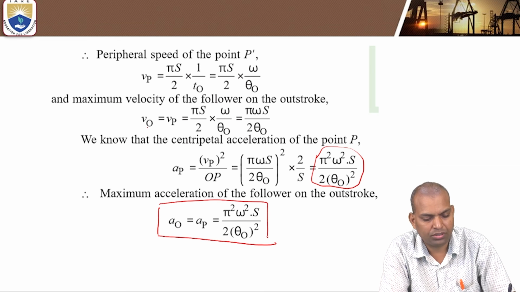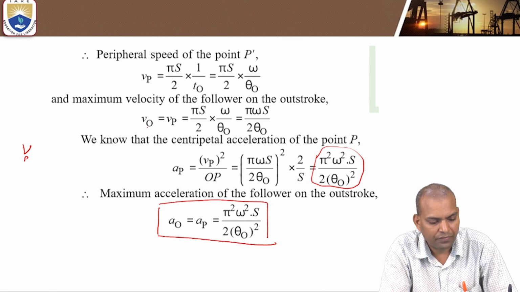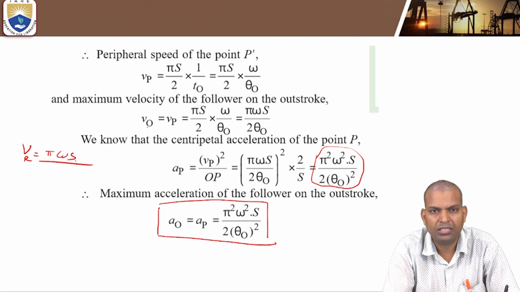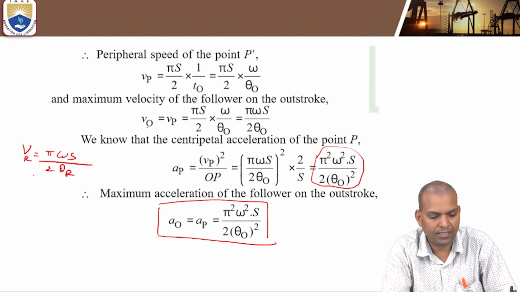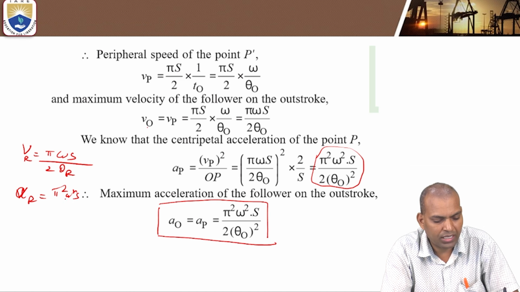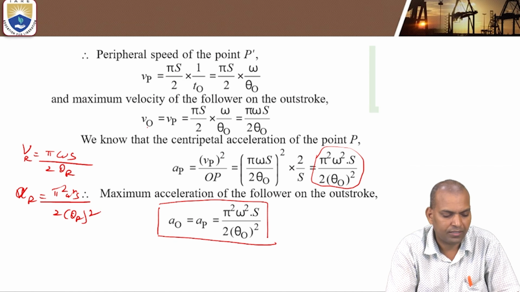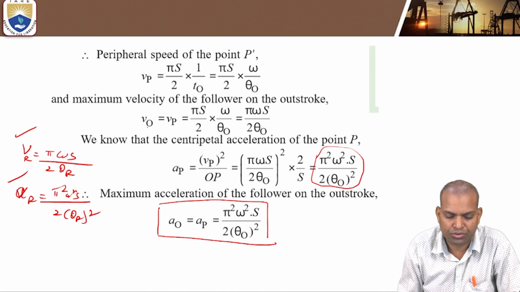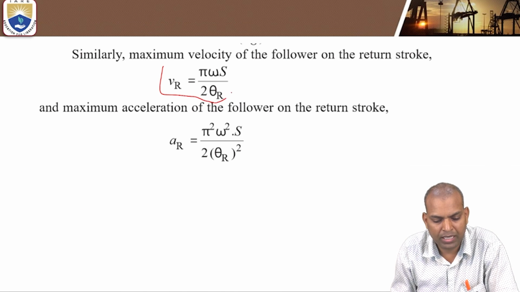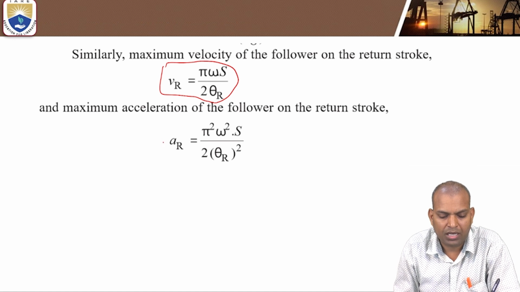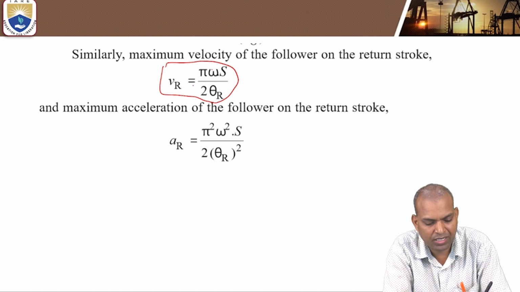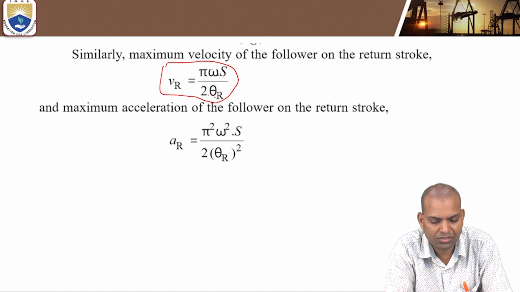Now if you want the return stroke, in the place of the outstroke angle we have to replace with the return stroke angle, theta r. Now AR equal to pi square omega square S by 2 times theta r square. These are the formulas for velocity and acceleration during return strokes: velocity pi omega S by 2 theta r, and acceleration of the follower in the return stroke, pi square omega square S by 2 theta r square.